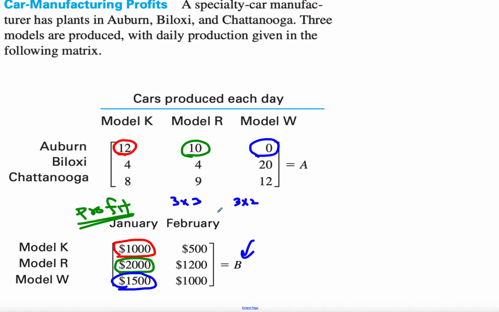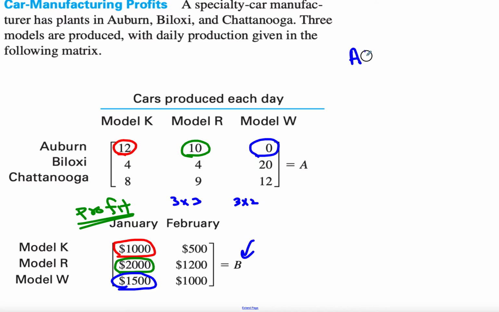As you know, matrix multiplication is not commutative, so we have to keep the order. In order to figure out the profit from selling all these cars produced per day, not the entire month but just the profit per day, we just have to multiply.